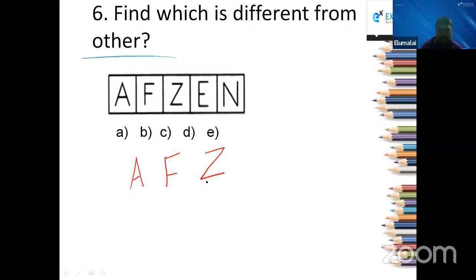This Z is formed by three straight lines. This N is formed by three straight lines. But this E is formed by four straight lines. So this E is the odd man out. I hope you can understand this. Good.